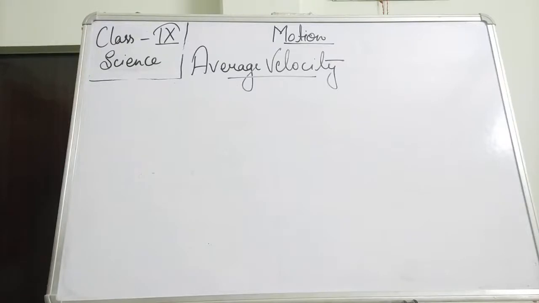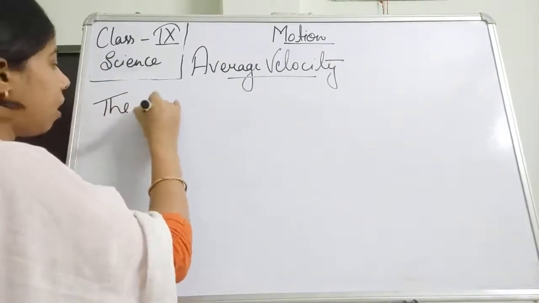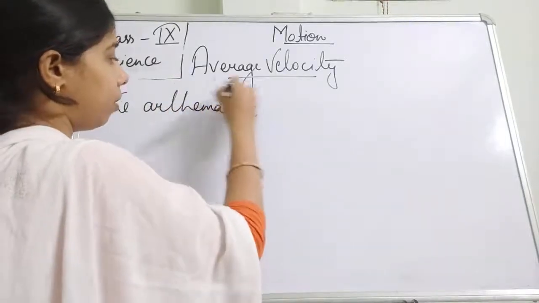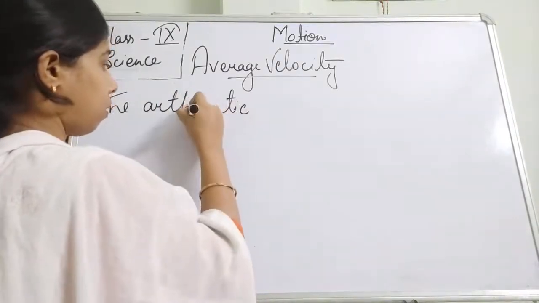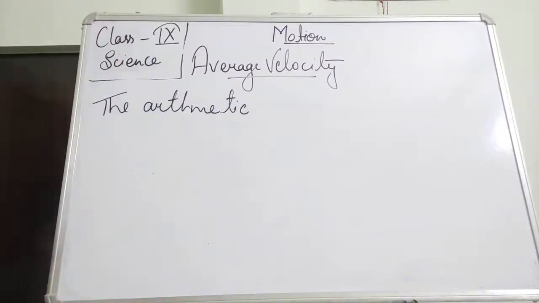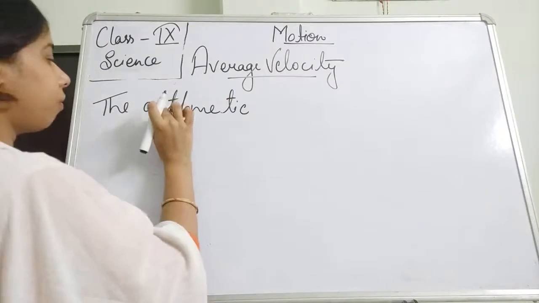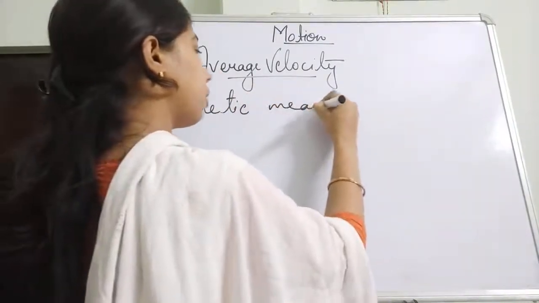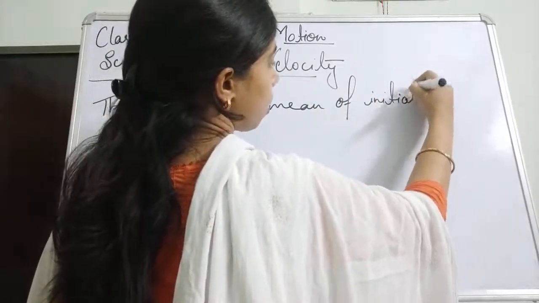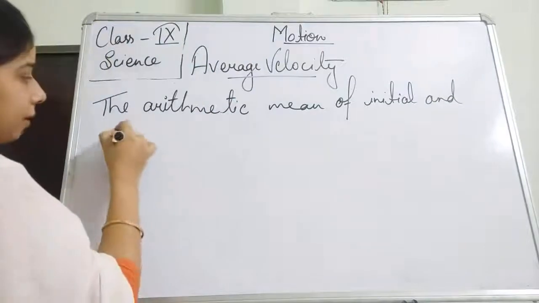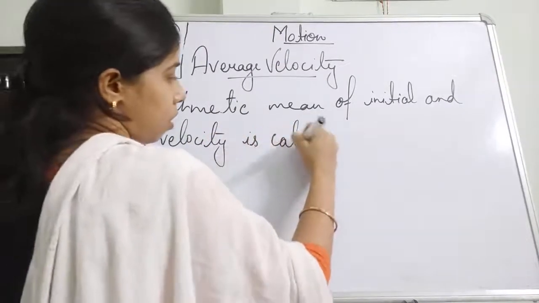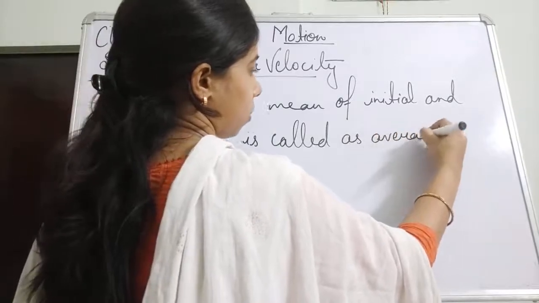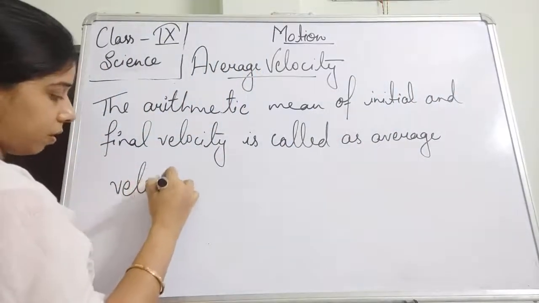We can say it is the arithmetic mean of initial and final velocity.